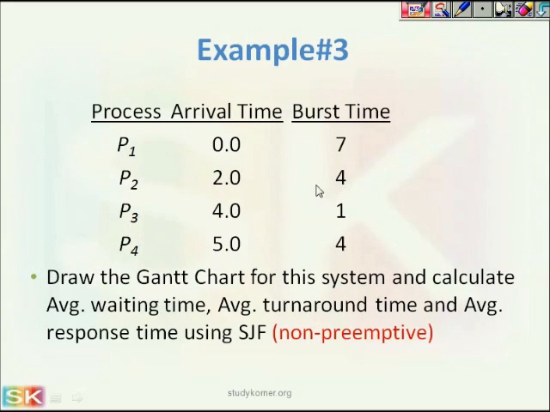So P2 has higher priority because of its smaller burst time, but P2 will not be able to preempt P1. Why? Because it is the non-preemptive SJF scheme.